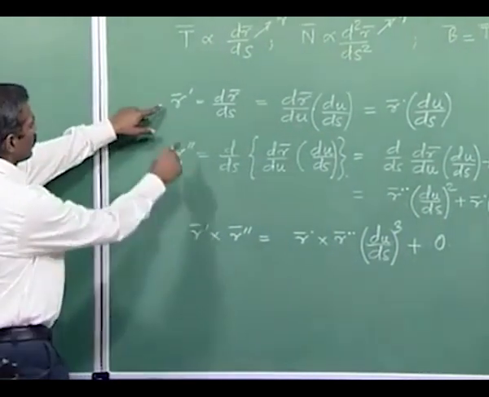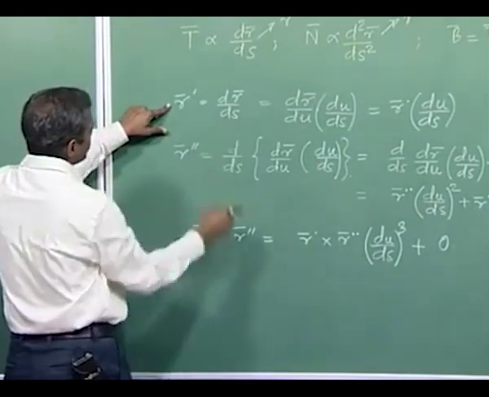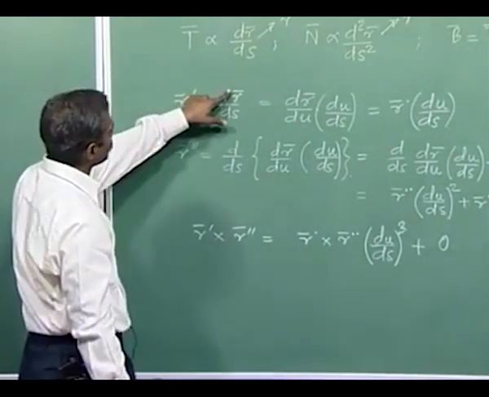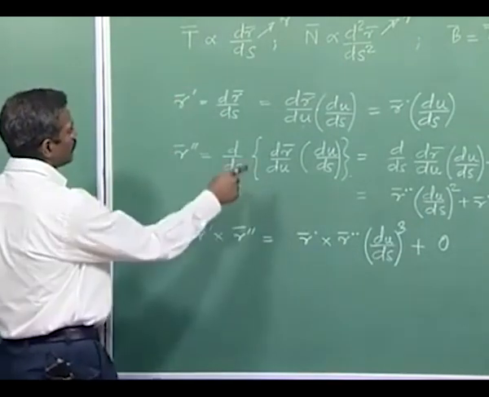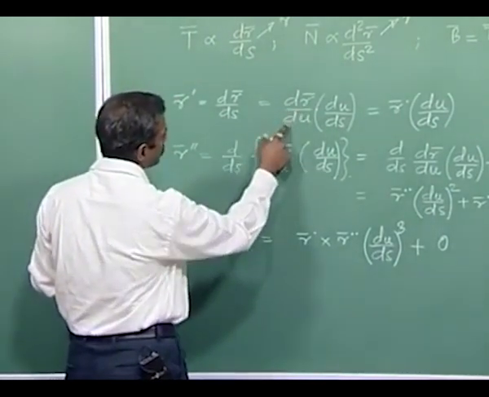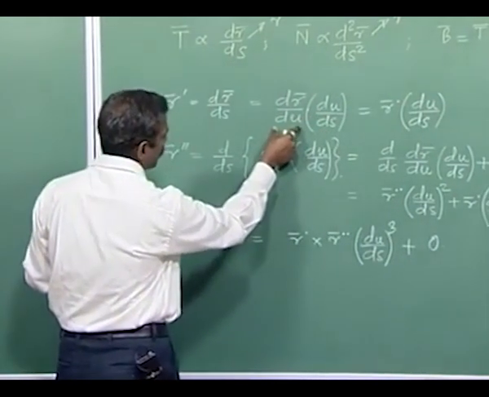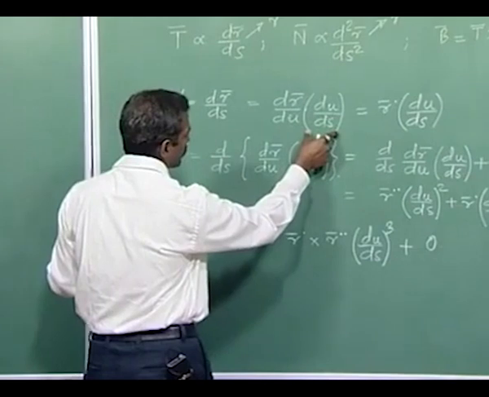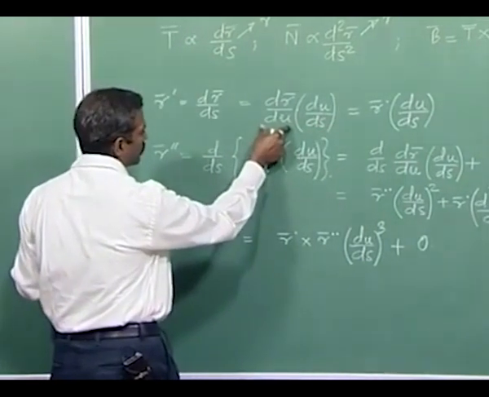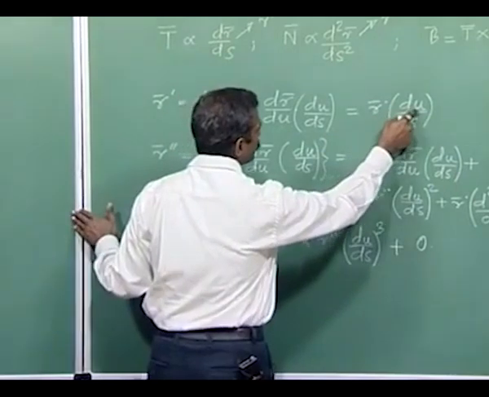Now, r prime is dr over ds. Notice that I'm using the vector notation here. By chain rule, this is equal to dr over du times du over ds. This part is a vector, this part is a scalar. By notation, this is r dot times du over ds.